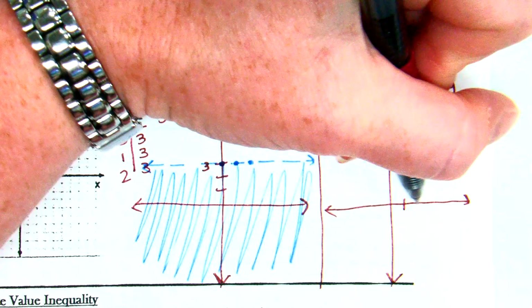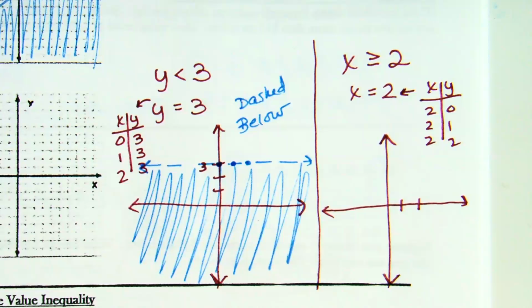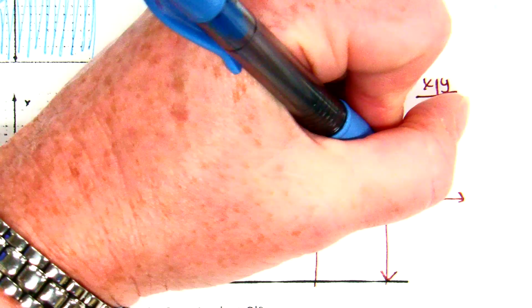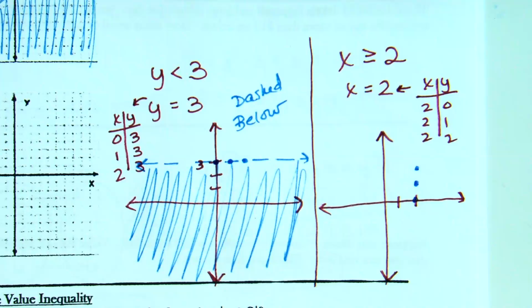So now, this is a vertical line. What kind of line am I using to connect my dots? This is solid because it's greater than or equal to.